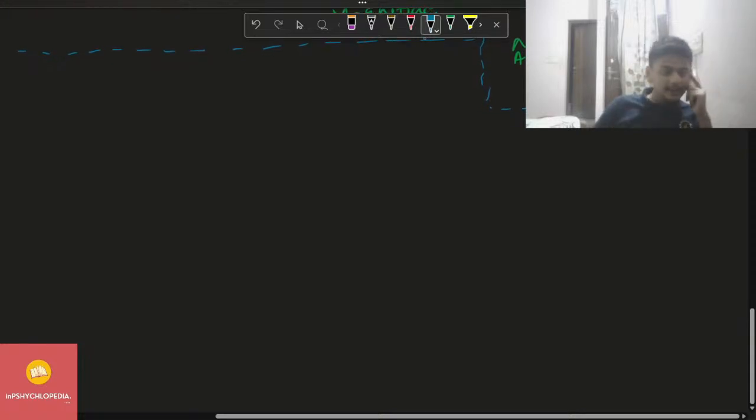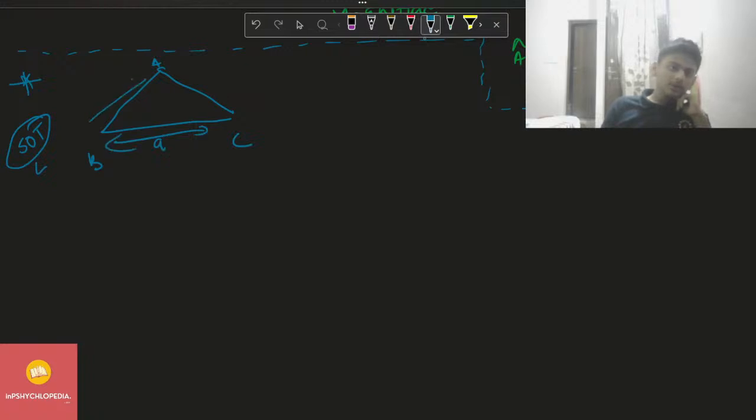Before that we have borrowed 2 formulas from the solution of triangles chapter. So let us write those formulas. This is a triangle A, B and C. This will be the length of this side A, the side opposite to C will be C, and the side opposite to B will be B.